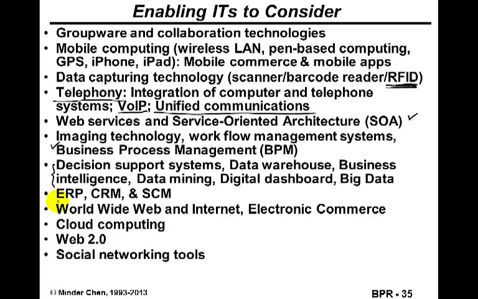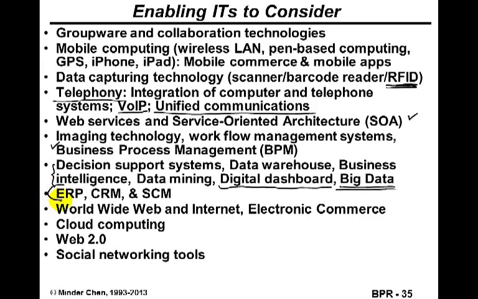Another category is what we used to call decision support system, data warehouse, and business intelligence using data mining and data visualization. Sometimes we call it digital dashboard. And also a buzzword right now, big data. All fall into this category.